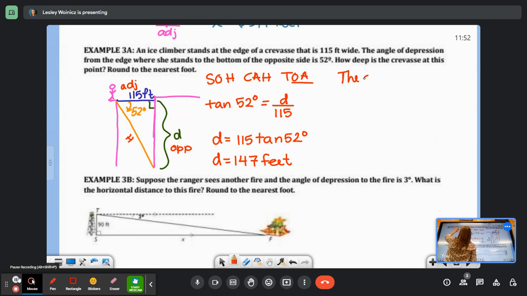The crevasse, it's a fun word to say, is 147 feet deep at that point.